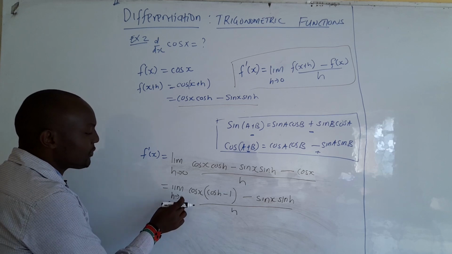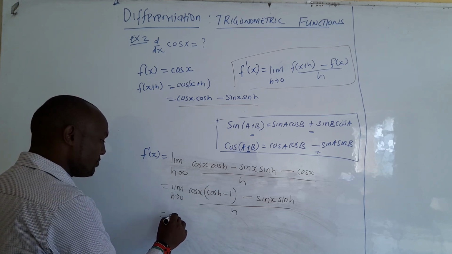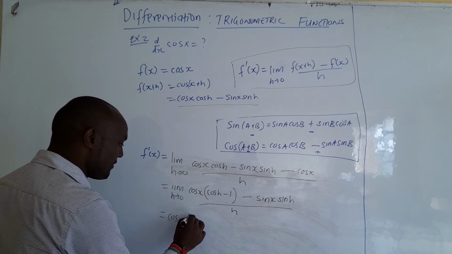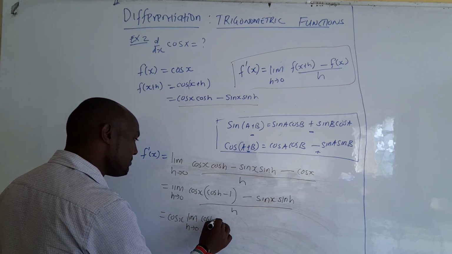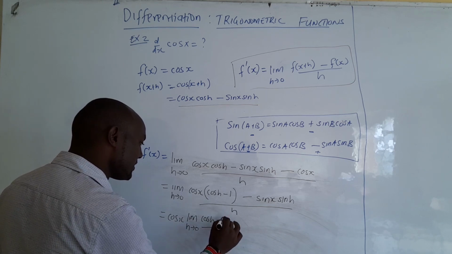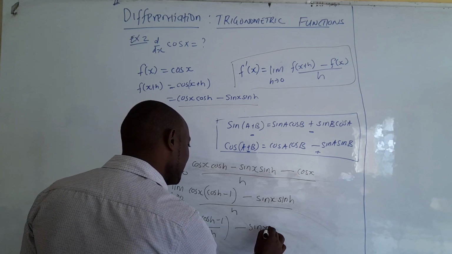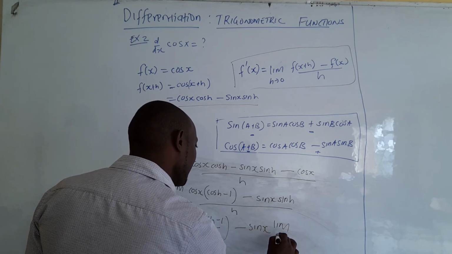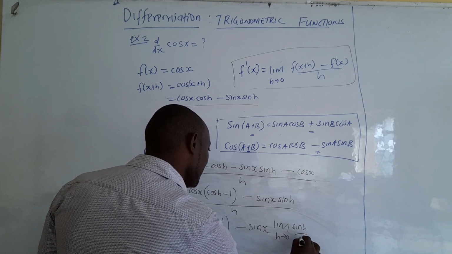Again, because we are dealing with the limit as h approaches 0, this one we treat as a constant, so it will be cos x. Now we have the limit as h approaches 0 of (cos h minus 1) all over h, minus sin x times the limit as h approaches 0 of sin h all over h.